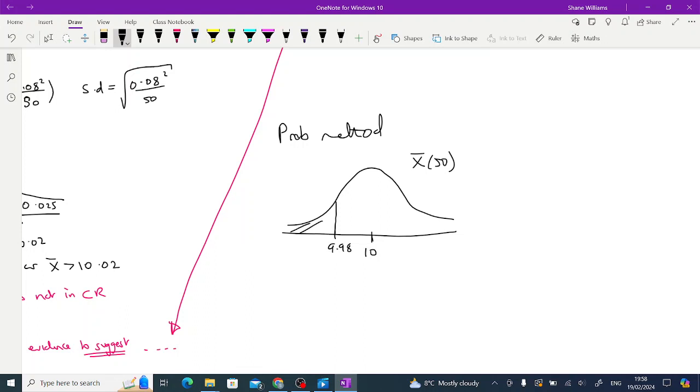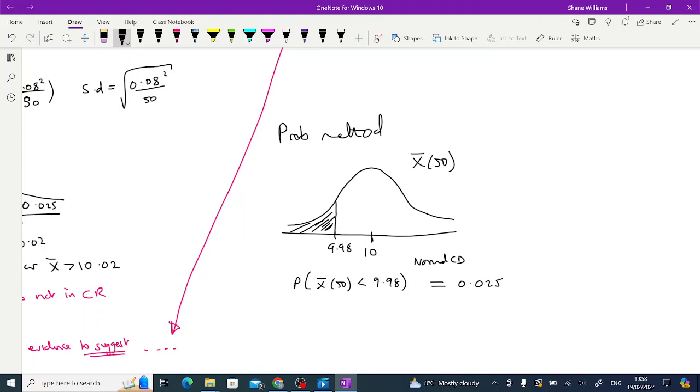So what I'm going to do is find this area and compare it to 2.5%. So I'm going to do on my calculator the probability that x bar 50 is less than or equal to, it doesn't matter on a continuous distribution, the probability that x bar 50 is less than 9.98. So I'm going to use a normal CD. And I'm going to find that it's only just above 0.25%.